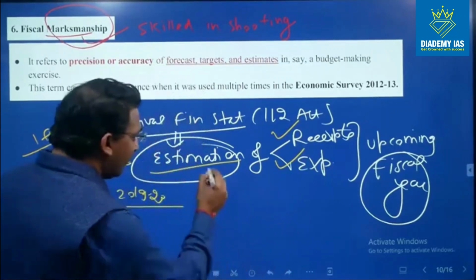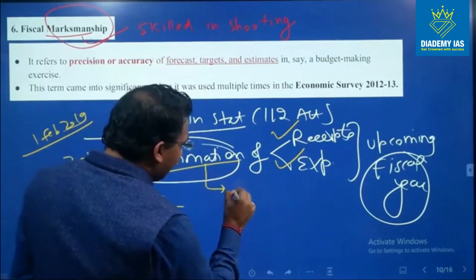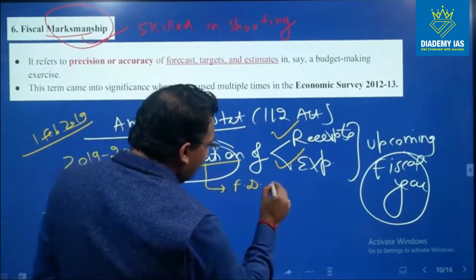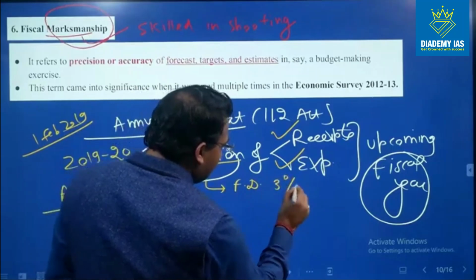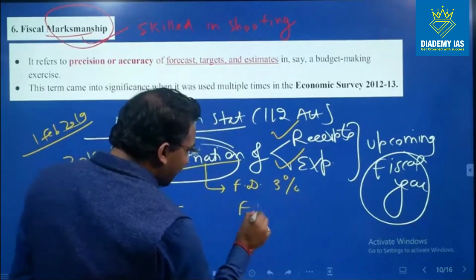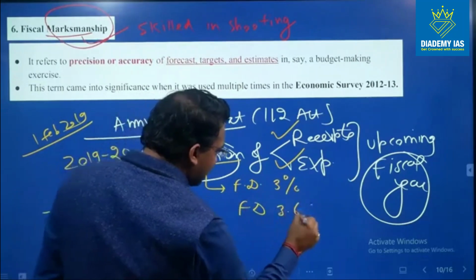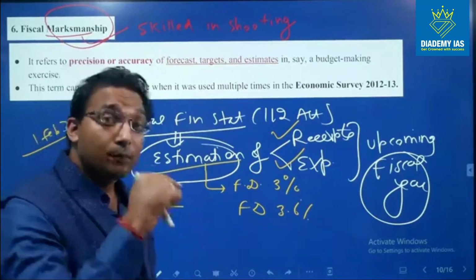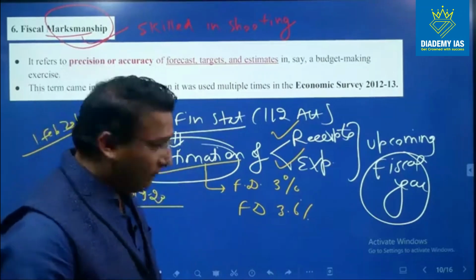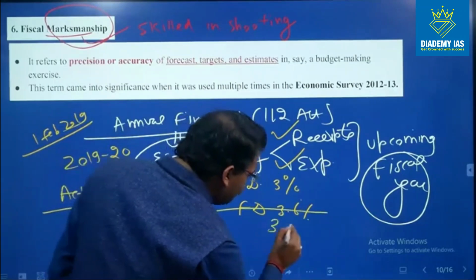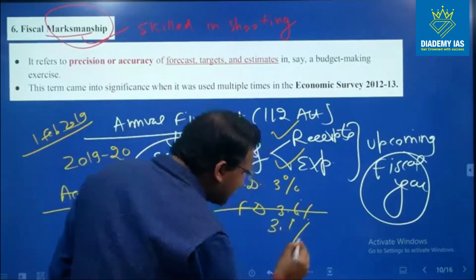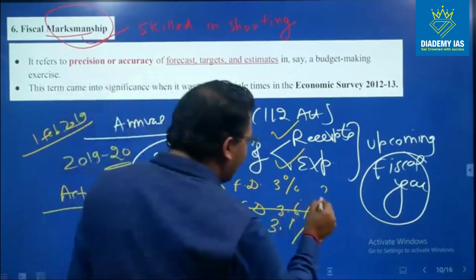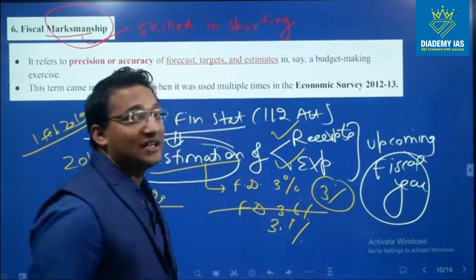For example, if we estimated that our fiscal deficit will be 3%, but actually the fiscal deficit happens to be 3.6%, this shows that the fiscal marksmanship is poor. If it is 3.1%, then this is comparatively better, and if it is an accurate 3%, then this is exactly better.